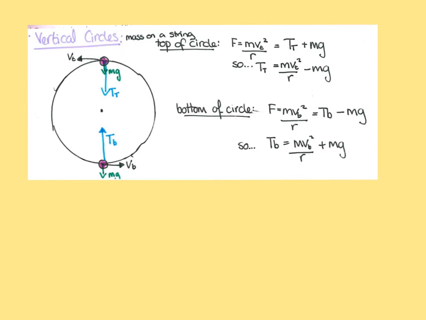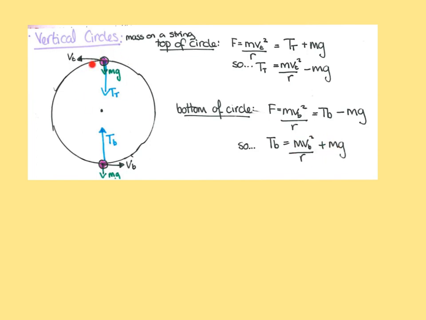But if we look at the expressions for the bottom of the circle, again, centripetal force is equal to the mass times the linear velocity squared over r. And here you can see that the centripetal force is equal to Tb minus mg. So when we rearrange that, we get the tension in the string at the bottom is equal to the centripetal force plus the weight.